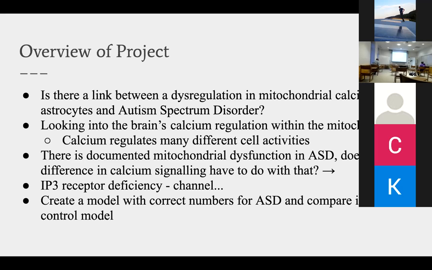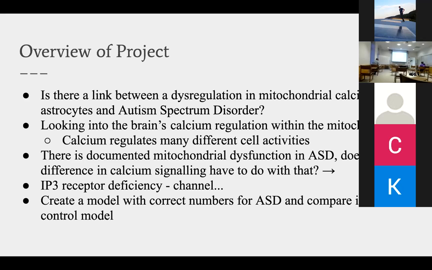So with my advisor, we looked into the brain's calcium regulation within the mitochondria, and calcium is really, really important within our brain, and it regulates a ton of different cell activities. We really need it. And we did a lot of research, or I did, and there's a lot of documented mitochondrial dysfunction in general for kids on the spectrum, but no one really knows exactly if that calcium signaling has to do with these dysfunctions.